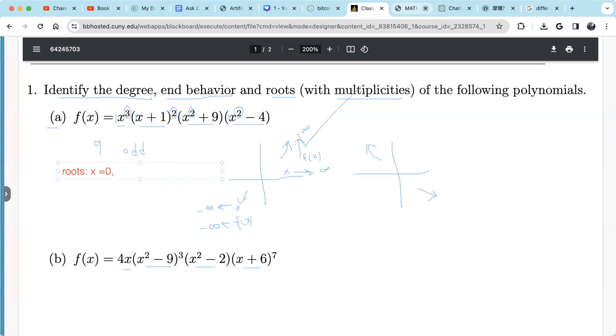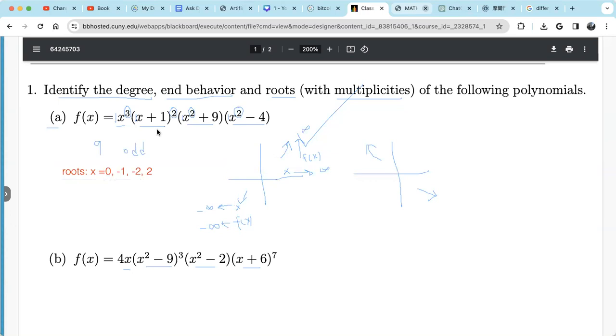When x plus 1 is 0, x equals negative 1. x squared plus 9, in the real number system, will never be 0. But the last one, x squared minus 4, can be factored as x plus 2 times x minus 2. We'll have negative 2 and positive 2 as roots. So I have 1, 2, 3, 4 real roots, and 2 complex roots come from x squared plus 9.